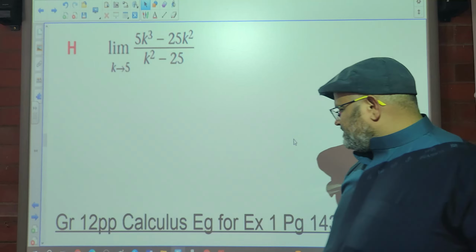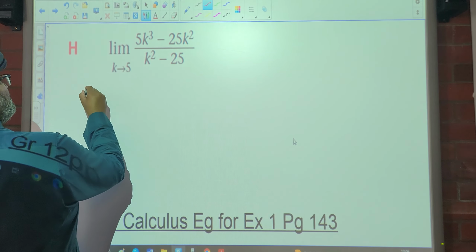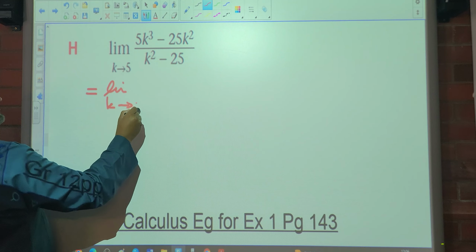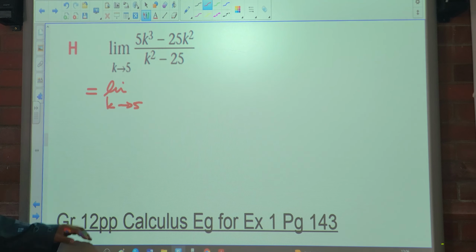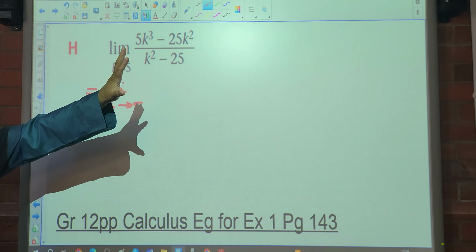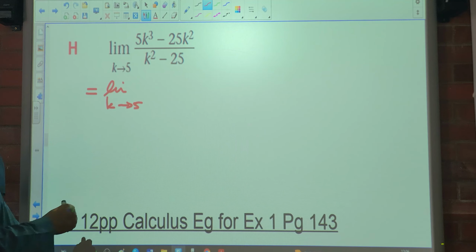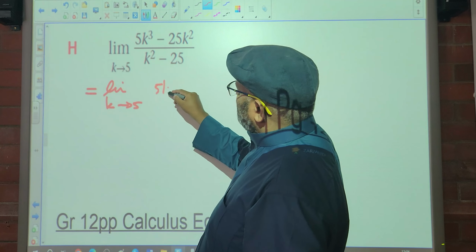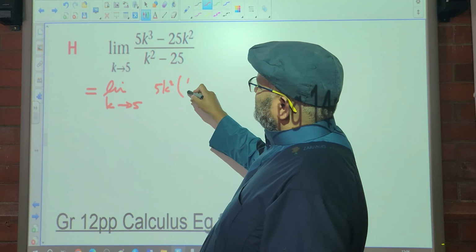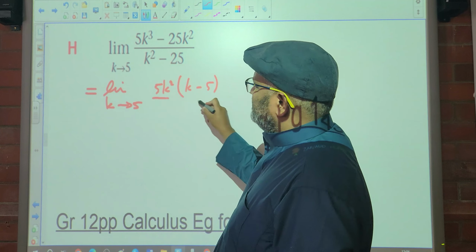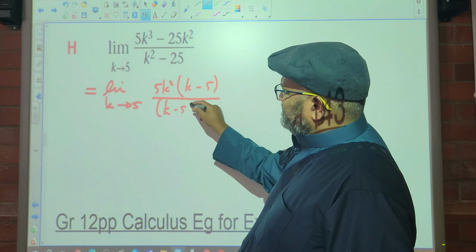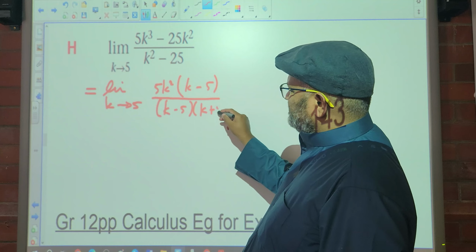Alright, so what do we get? The limit as k approaches 5. Notice that I only drop the limit once I do the substitution. What's going to happen here? 5k squared is common. What are we left with? k minus 5 over k minus 5 times k plus 5.